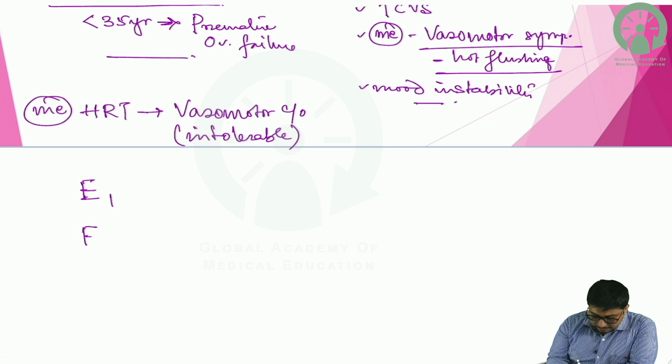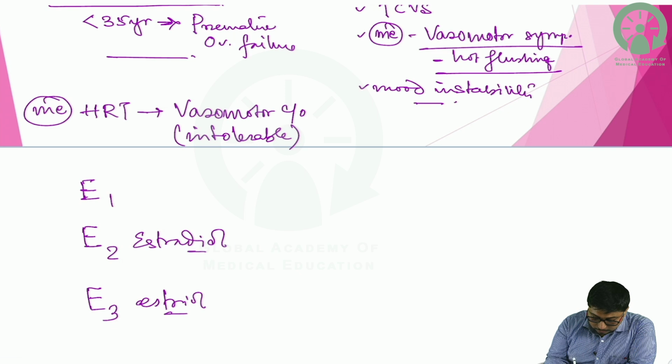Remember, there are three variants of estrogen: E1, E2 and E3. That is estrone, estradiol and estriol.